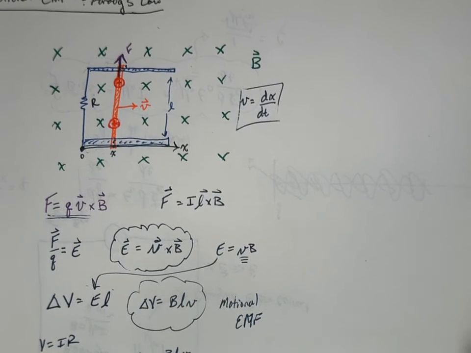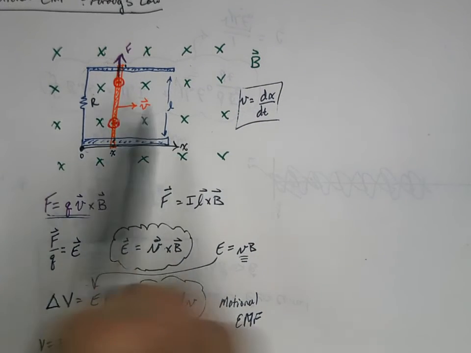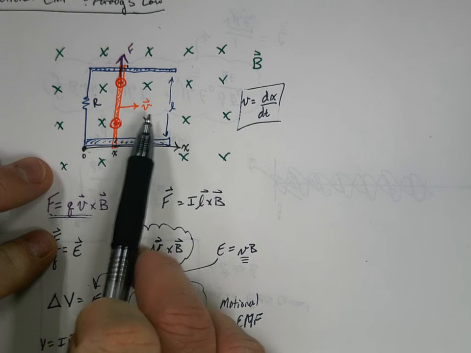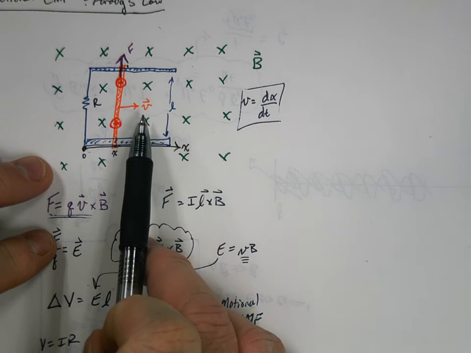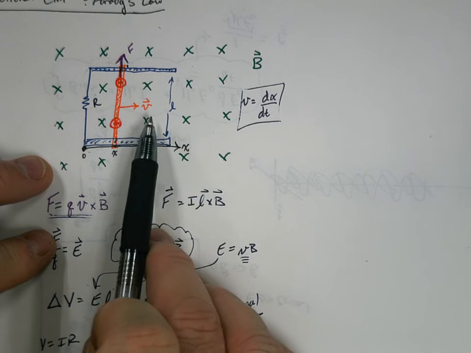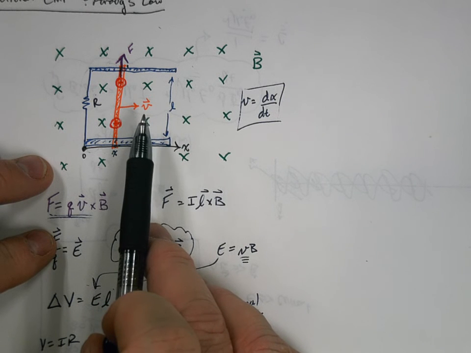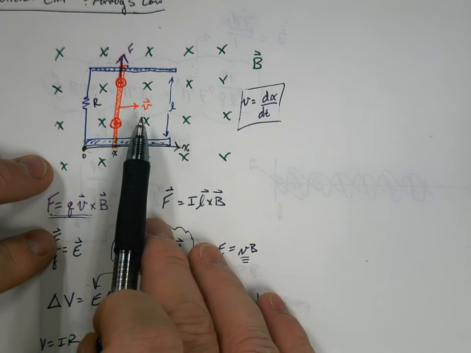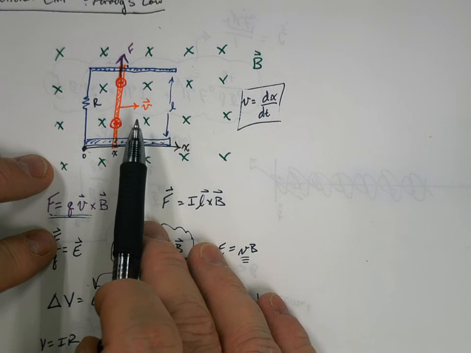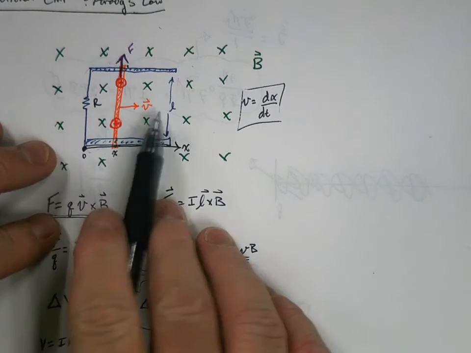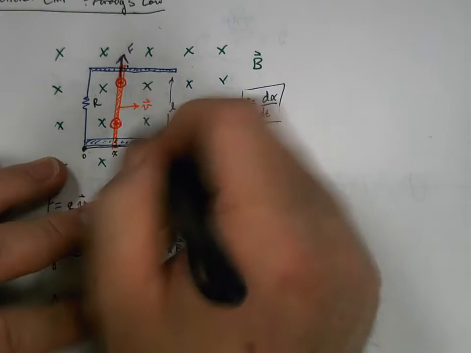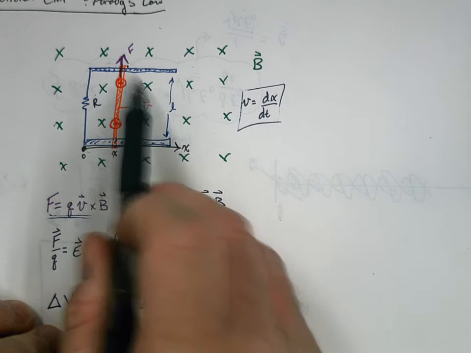As we slide this way, we are increasing our flux per unit time. The number of field lines going through our loop is increasing per unit time. If that's increasing, that's still creating a force. We know that the current is in this direction, right?